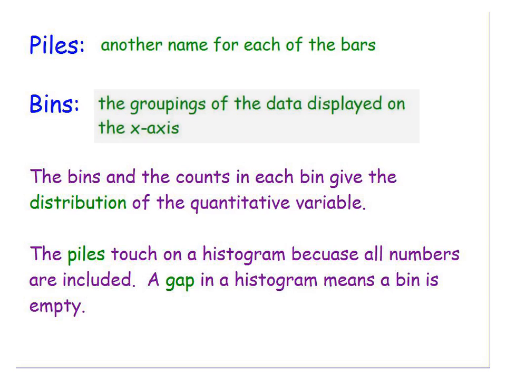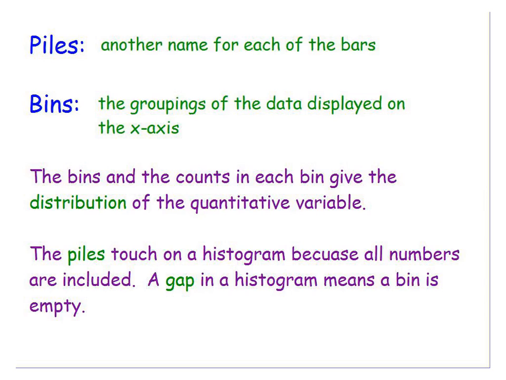Bins. This is the groupings of the data on the x-axis. So on the graph we were looking at, the bins would be 0 to 20. The next bin would be 20 to 40. It's how wide each of the groupings are. And one important thing, the bins must always be the same width.